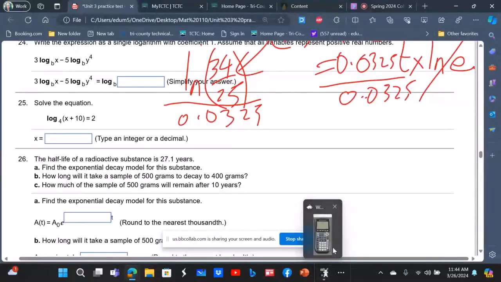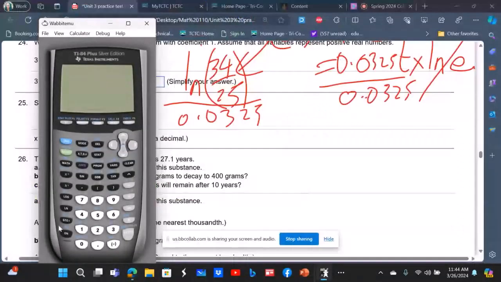So I'm going to use my calculator and put the quantity in the left-hand side. Be careful to use parentheses. So go to natural log, 34 divided by 25, close that parenthesis, and finish with that, then divided by the denominator, 0.0325, and then I get an answer.